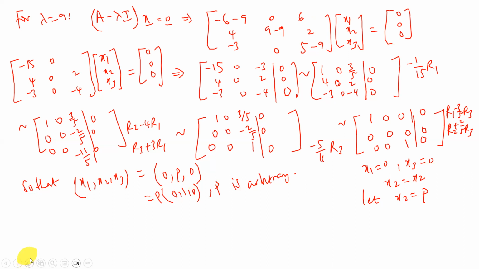So it must remain 6 there. 6 here. So 6 here. All right, let's see what we're getting. So we divide by minus 1 over 15. So 3 goes 2 times there, and it goes 5 times there.